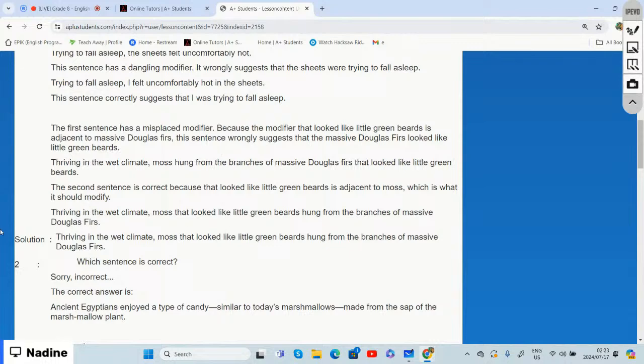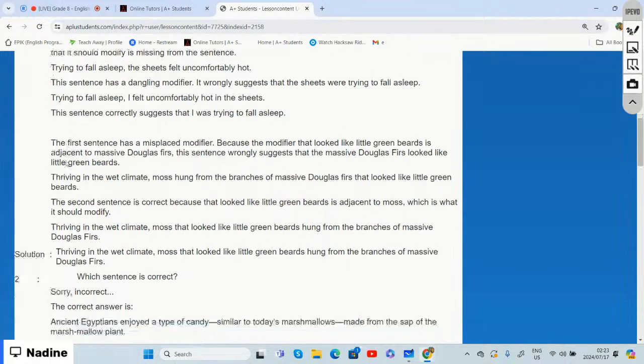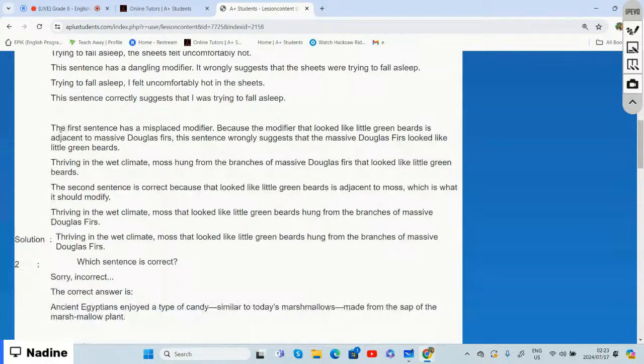All right. So it says the first sentence, we need to say if it's either a misplaced or dangling modifier. So, thriving in the wet climate, moss hung from the branches of massive Douglas firs that looked like little green beards.